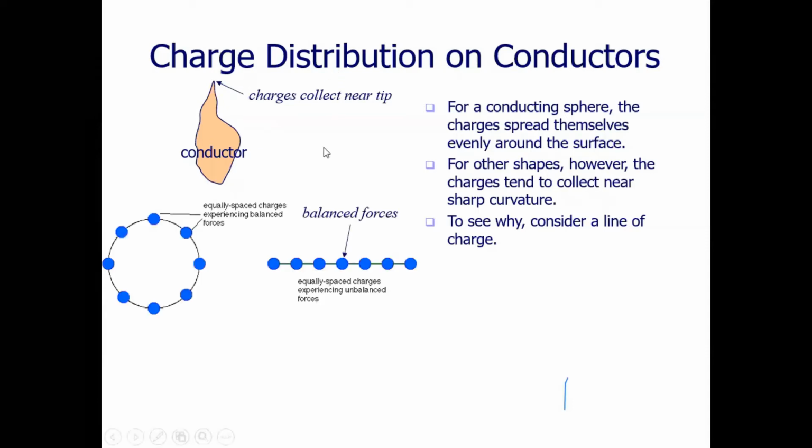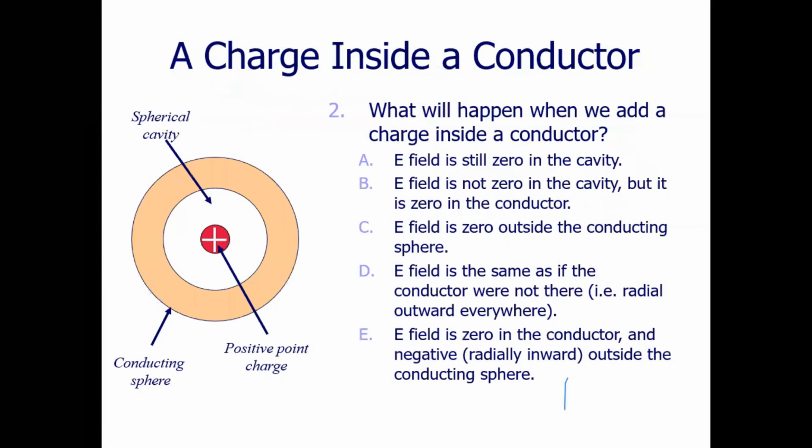Okay, I think we explained all these points, but then we ended on a very interesting note. We know that within the cavity of the conductor, the electric field will be 0 if no charge is present. But what if we introduced a charge inside the cavity of a conductor? What will be the behavior?